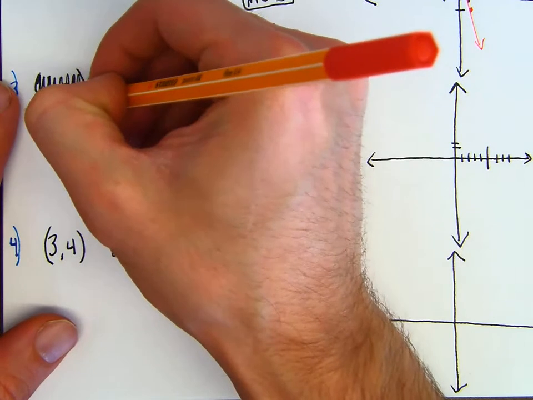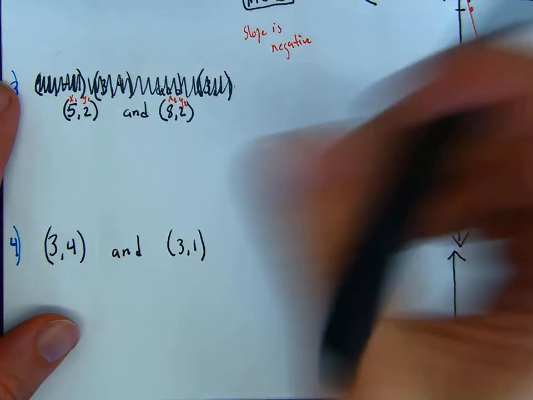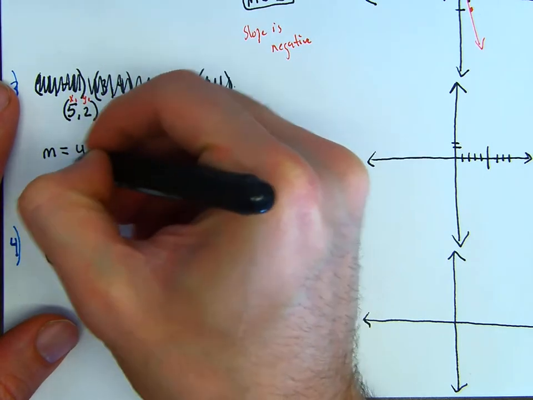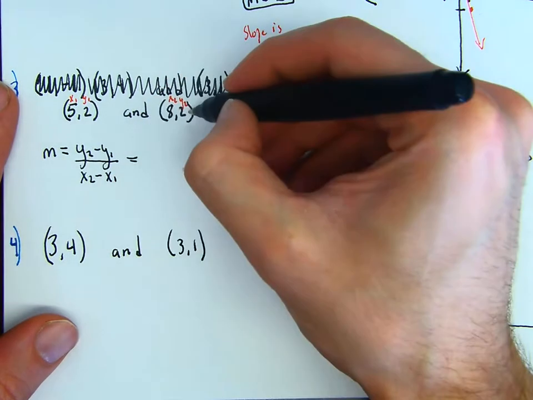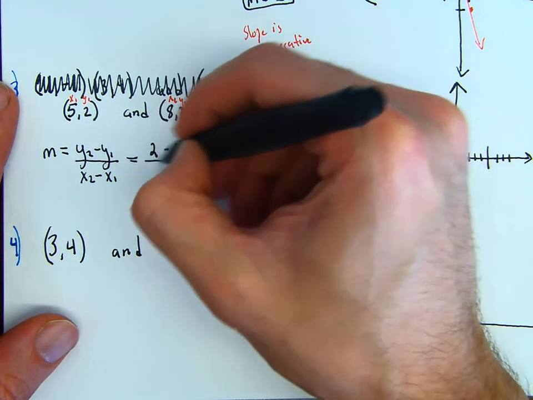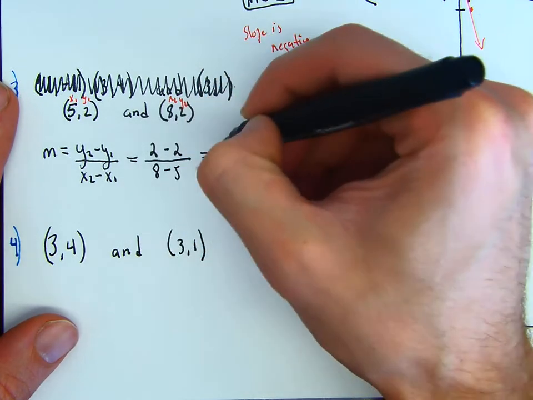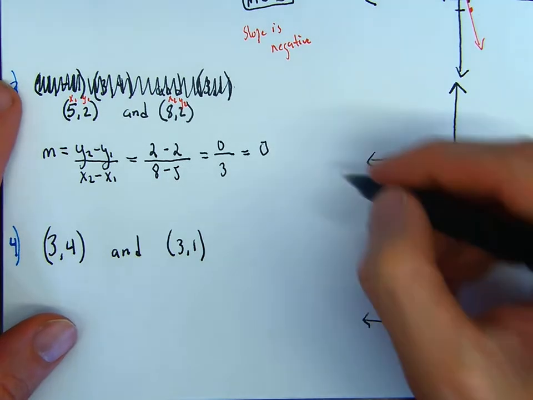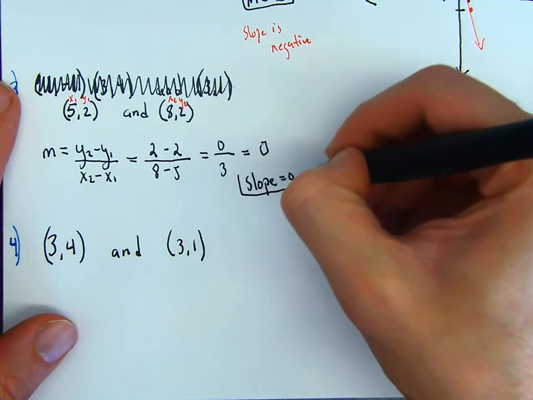x sub 1, y sub 1, x sub 2, y sub 2. So then this will be 2 minus 2 over 8 minus 5. So notice that this is 0 over 3, which is equal to 0. So what does it mean to have a slope of 0?